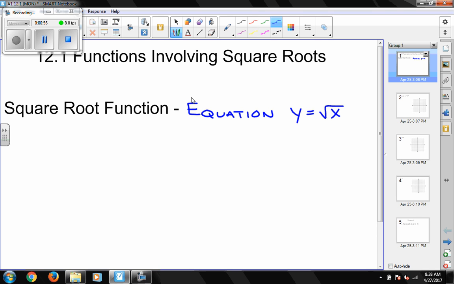And you guys all should already know, or maybe you remember from the end of chapter 9, that when you're taking the square root, you cannot take the square root of a negative number. So in this case, your x and your y values are non-negative.